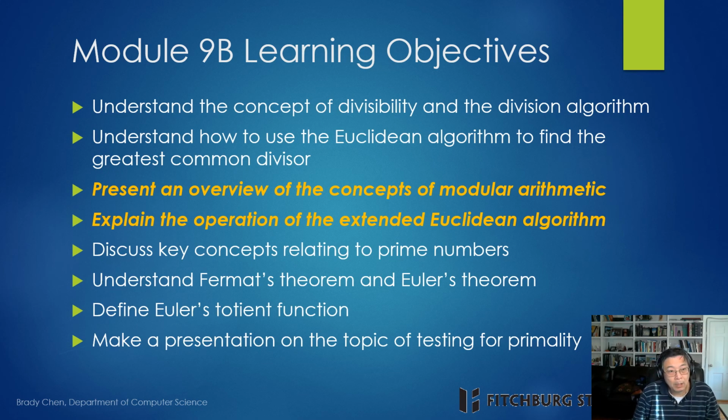Now, in Module 9b, we are going to provide an overview of the concepts of modular arithmetic. We will first provide the definitions for modular arithmetic, and then explain the operations of the extended Euclidean algorithm, which will be used in determining the primality of a number.